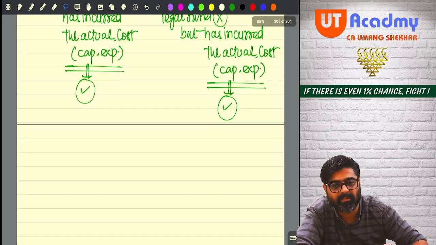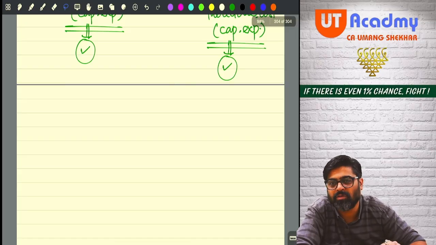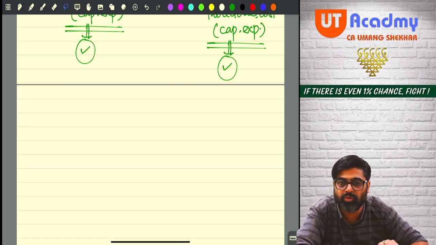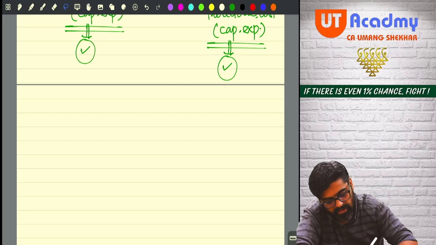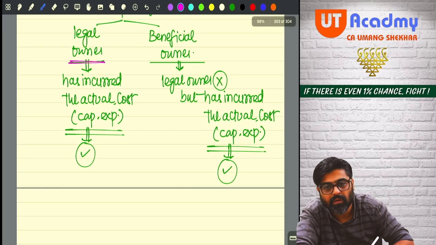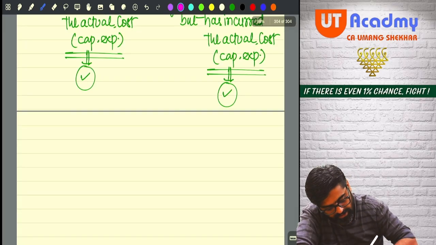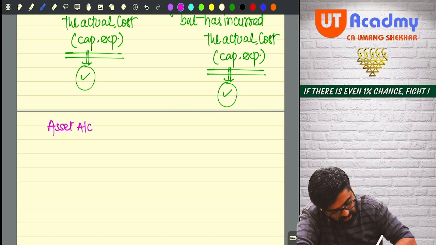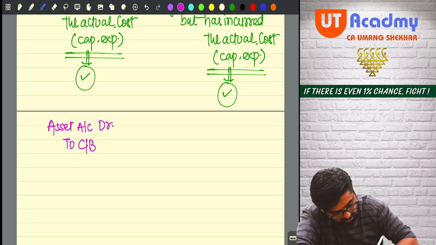See, when you buy some asset, in your books of accounts, what entry do you usually pass? If you are a legal owner, you would have passed the entry: asset account debit to what? To cash or bank account.